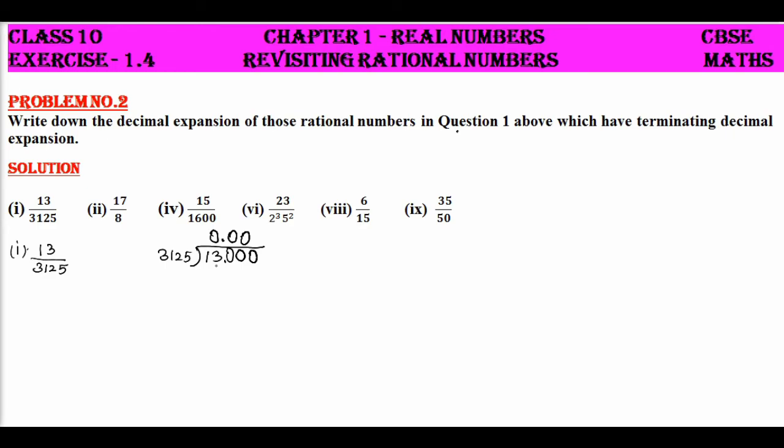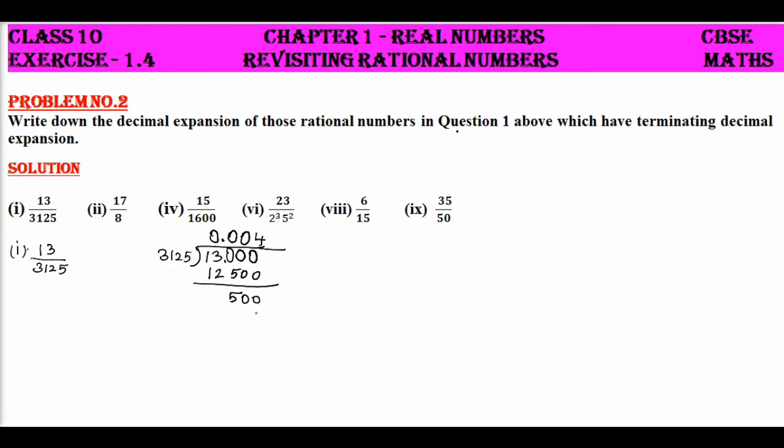Now we can divide 13,000. We get 4 in the quotient, because 3125 into 4 is 12,500. When I subtract, the remainder is 500, which is not 0.